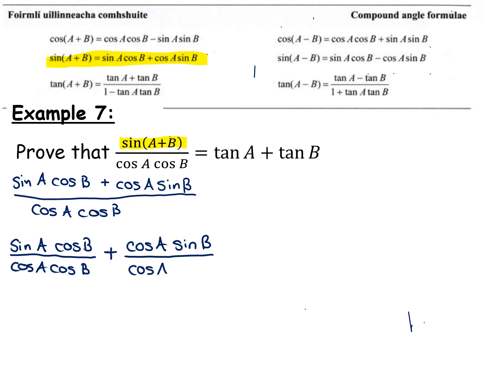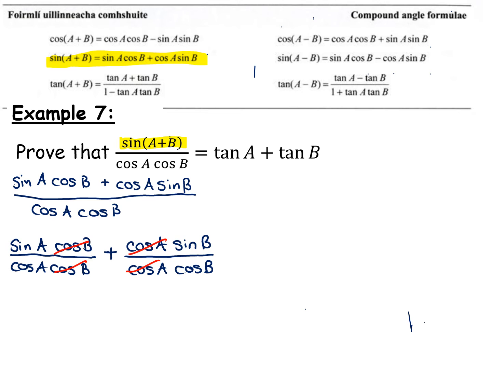So cos of A cos of B. Now, because I've separated it, I'm going to be able to do some cancelling. Remember, I couldn't cancel on the line above because there was a big plus in the middle. Cancelling is effectively dividing, so dividing can only happen when we have multiplication.